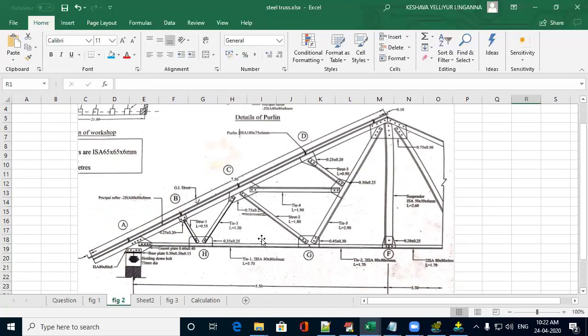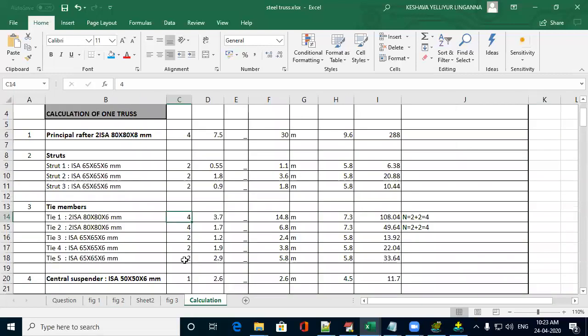But for the other half, it will be 2 numbers. Actually, everything should be 2. Since these two are 2 ISA, 2 angles will be connected back to back to have one beam. So these numbers will be 4. Wherever you find 2 ISA, remember you have to multiply the number with 2.